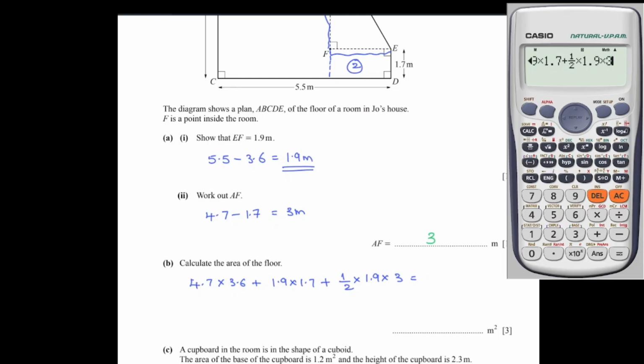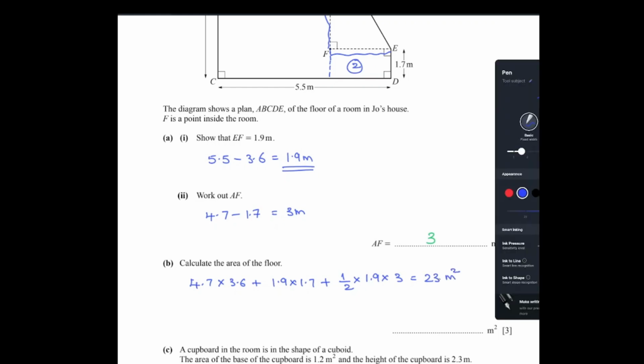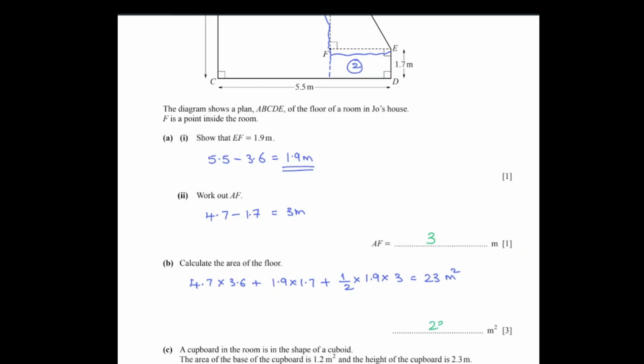So it is equal to 23. So it is 23 meter square area of the floor. Question number A and B are done.